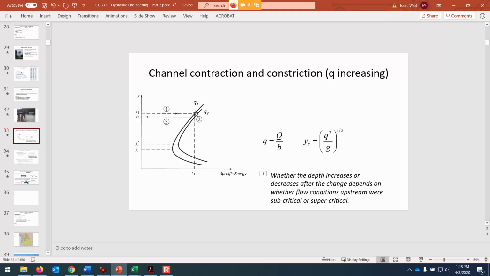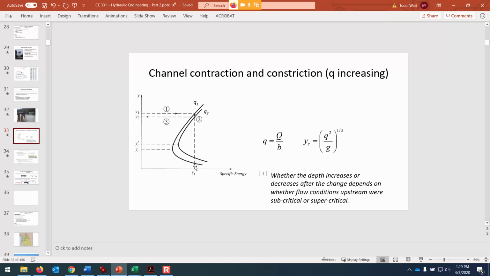So here in the subcritical part of the specific energy diagram, so above the critical depth, you'll notice that on the Q1 curve we had this greater depth Y1, but then the new specific energy diagram, which was shifted to the right and upward, to have the same amount of specific energy is going to decrease the depth.